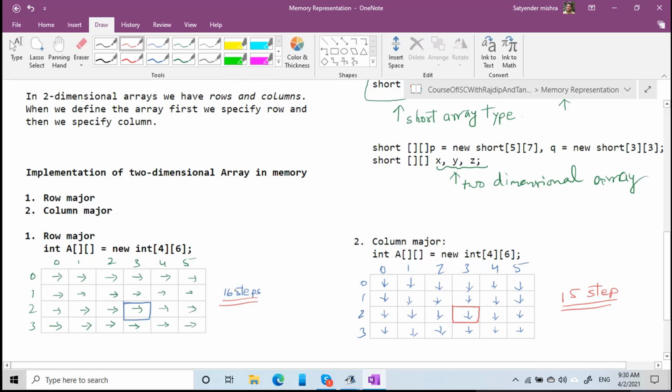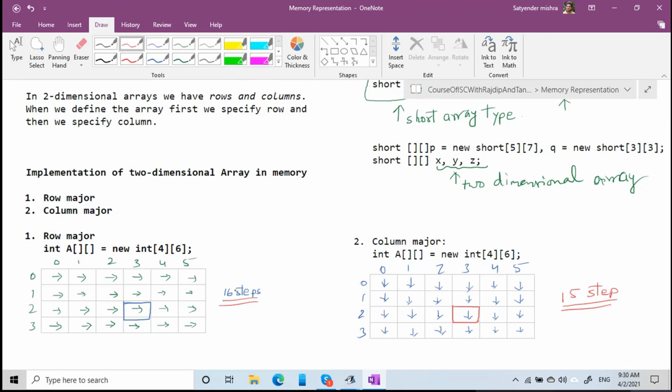In some situations, you will find that row major is very much useful and column major is taking so many more steps to reach that point. So in that case, we follow row major. Sometimes row major is useful, sometimes column major is useful.